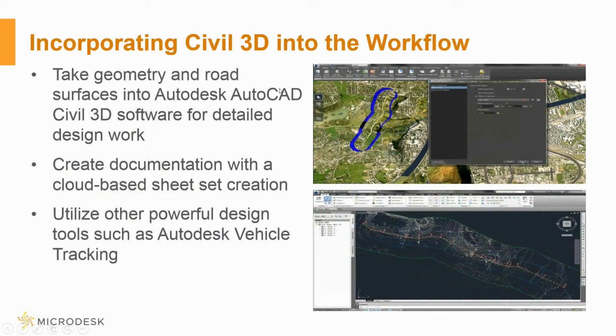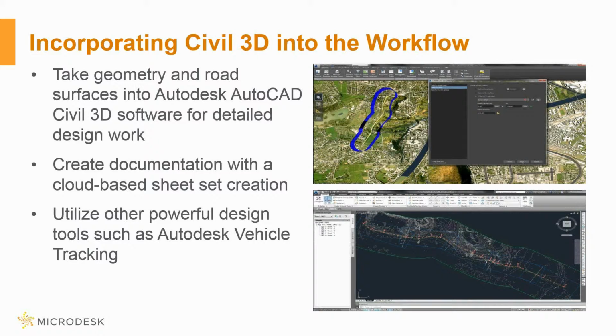So how can we incorporate this into the Civil 3D workflow? Well, current design workflows using Civil 3D can be enhanced with capabilities found in the roadways module and the interoperability between the software. When the project is ready to move to a detailed design phase, geometry and surfaces can be imported into Civil 3D for final design tests, like you just saw in my little presentation here.